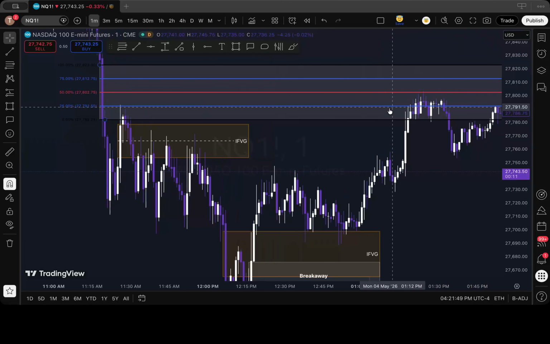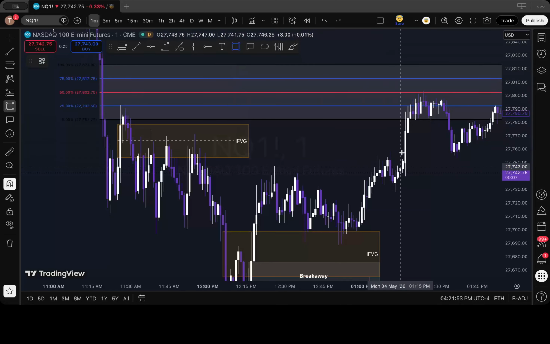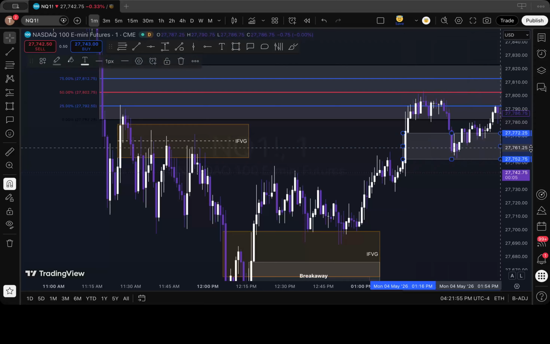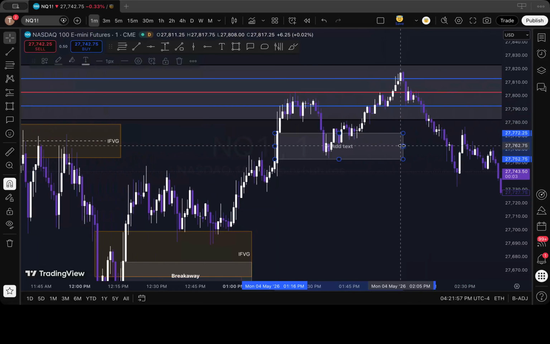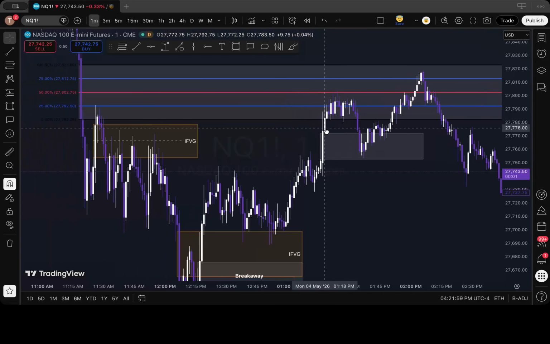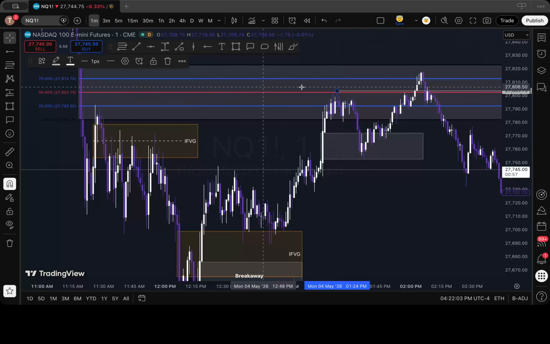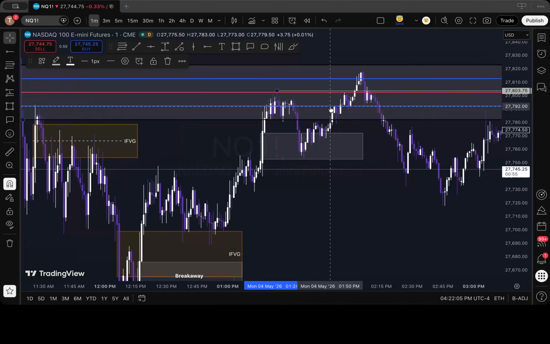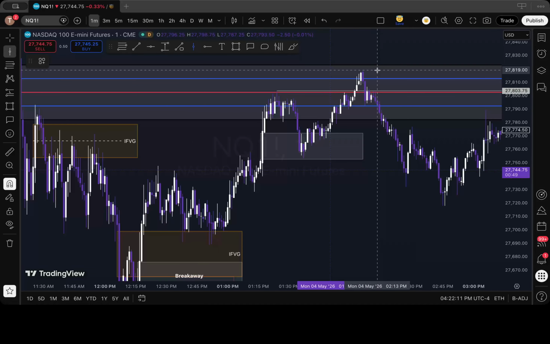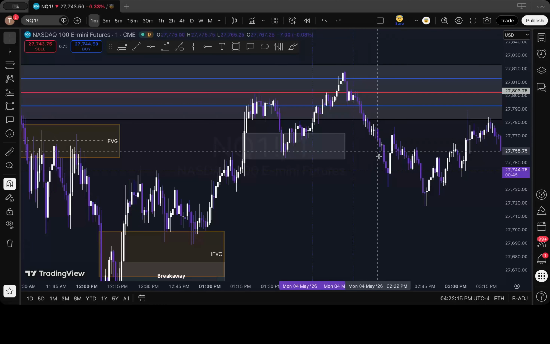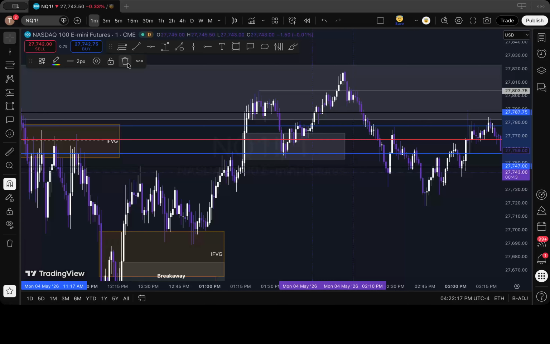Notice the bodies accumulating at the lower quadrant with a new fair value gap being respected, taking the liquidity here. Look at the key time of day, 150, 210, right back. There's your entry model again.